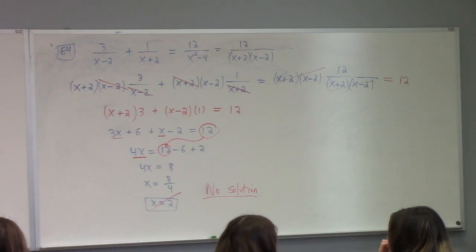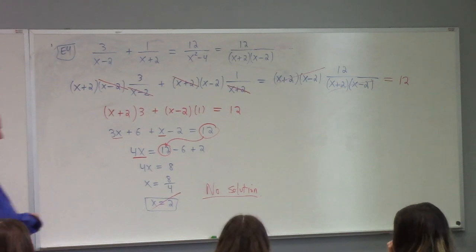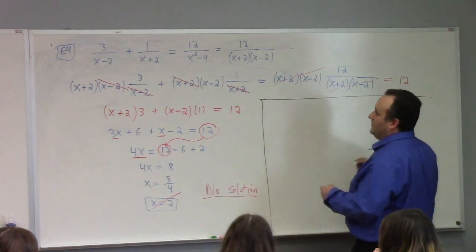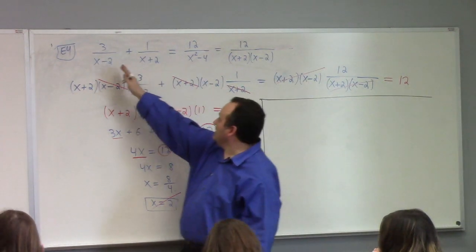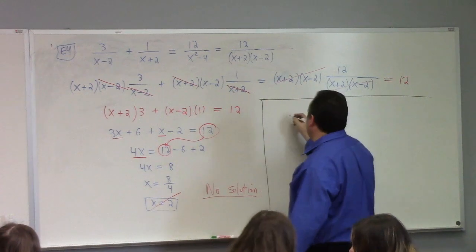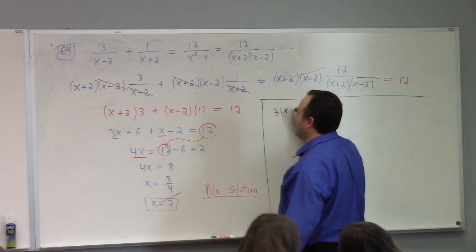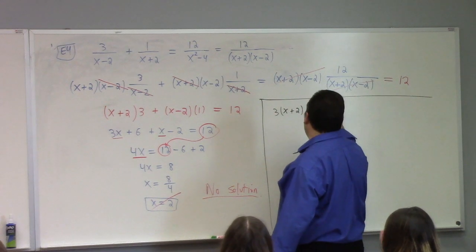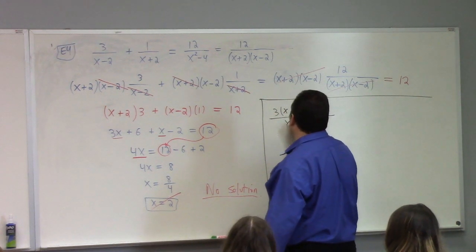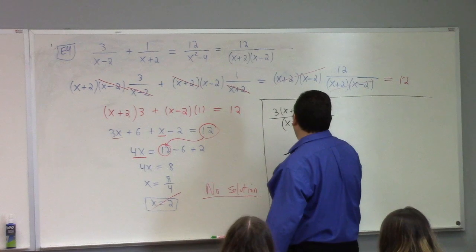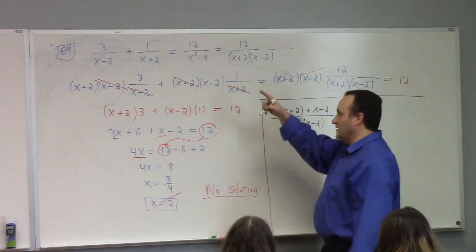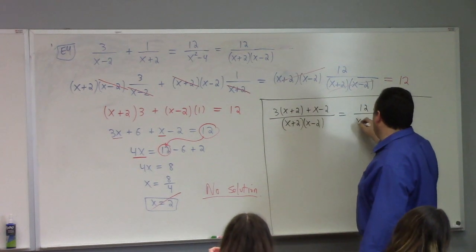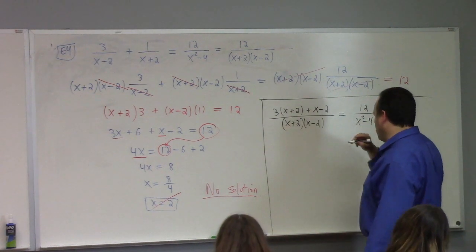another way to do the last example, example 4 here, would be to make a common denominator on the left-hand side. So I would do 3 times (x plus 2) plus (x minus 2), divided by (x plus 2) times (x minus 2), equal to 12 over x squared minus 4.